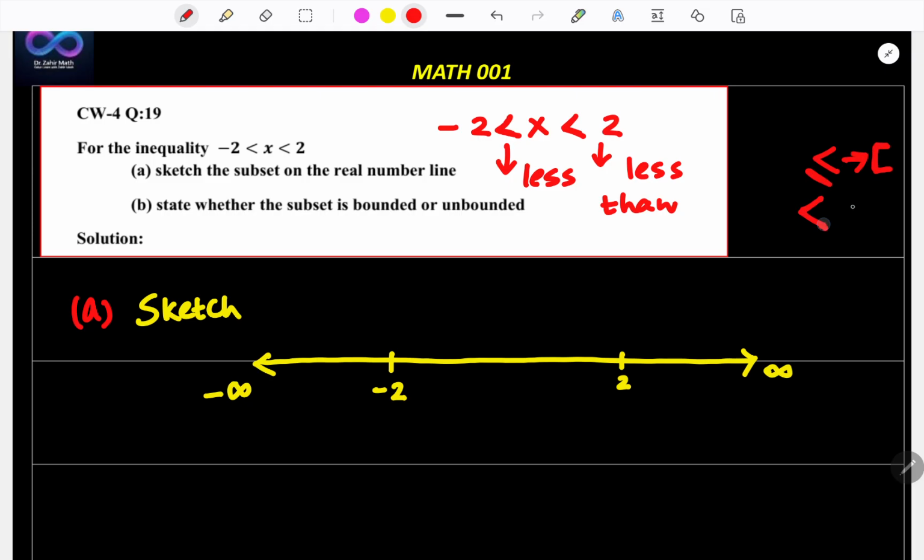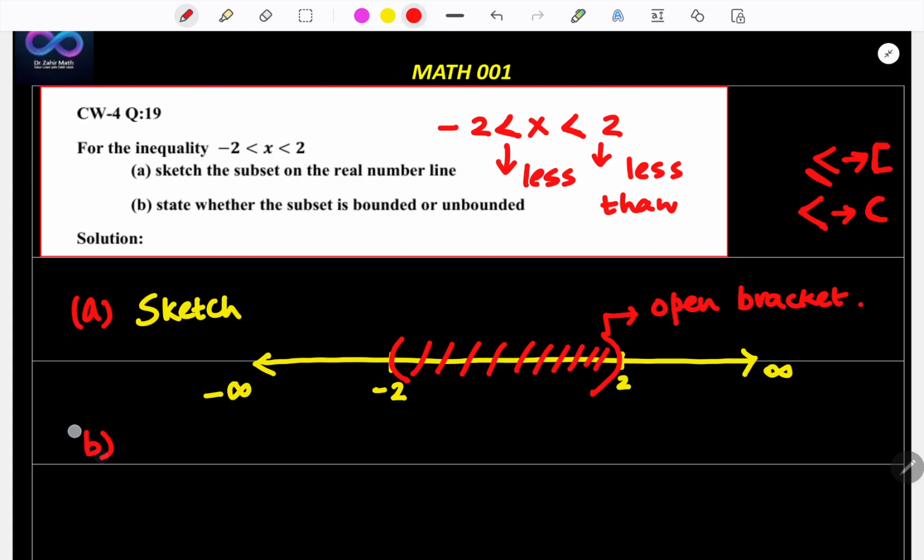If it is only this, you are going to use this bracket. Keep in your mind. Okay, right. So this side also you are going to close it with an open bracket. This is called an open bracket. Open bracket or close bracket, you can say like that. Okay, open bracket. So this area we are going to cross it, right?